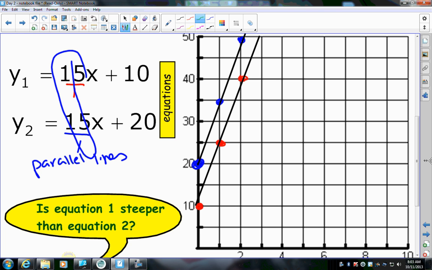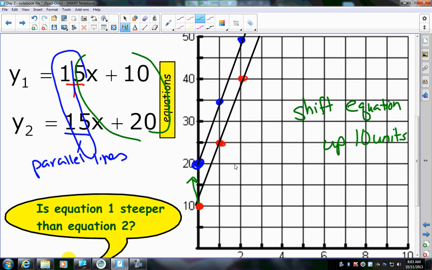What changed was the y-intercept. I shifted it up 10 units. All we did was shift the equation up 10 units. So every point is the same except it's up 10 points.